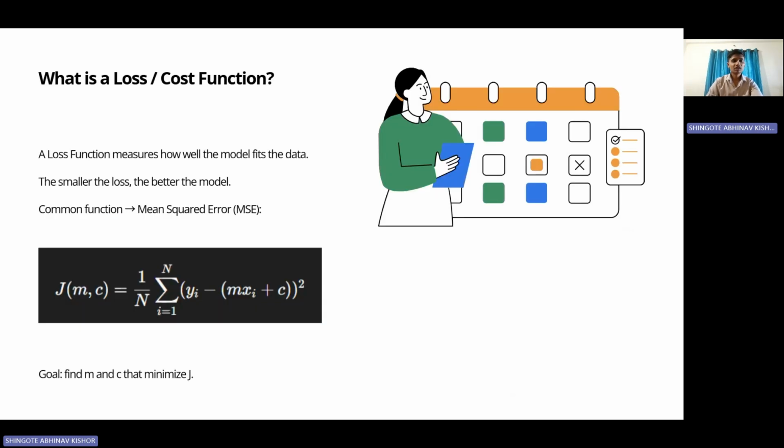What is a loss or cost function? To measure how well the model fits all the points together, we use a loss function, also called a cost function.